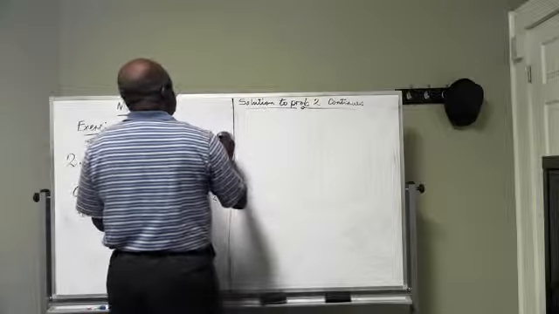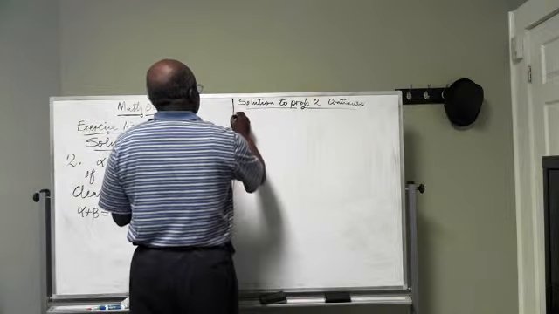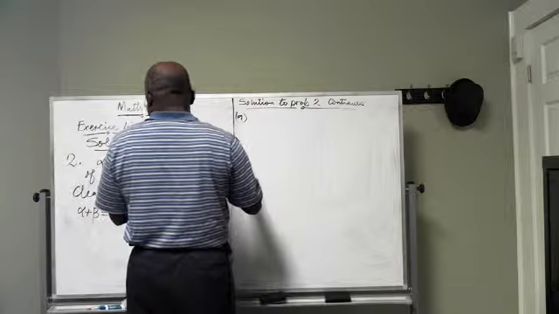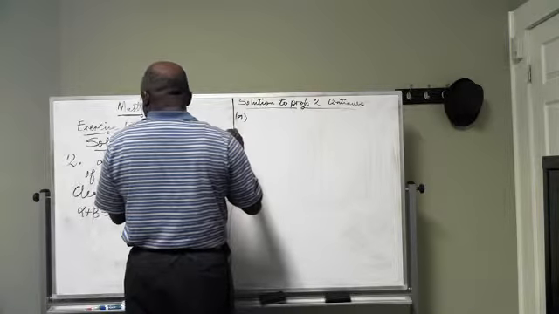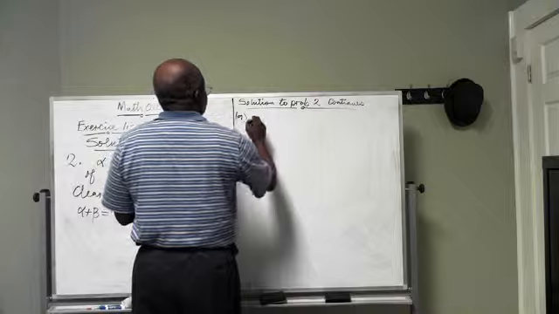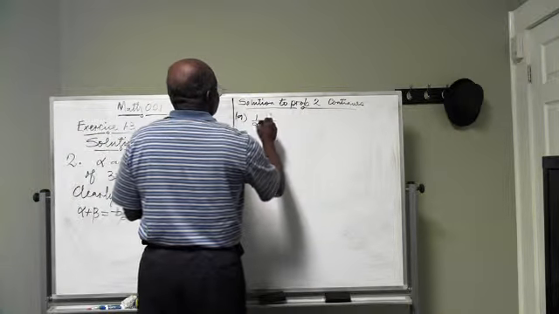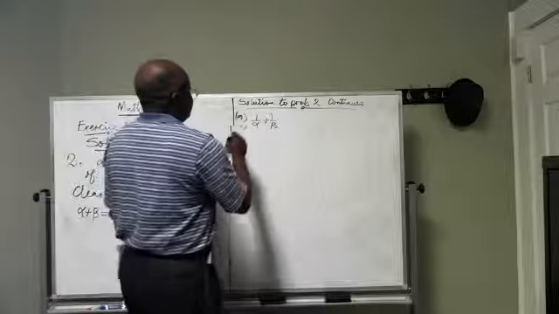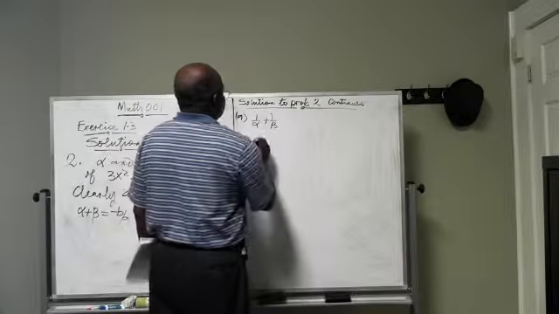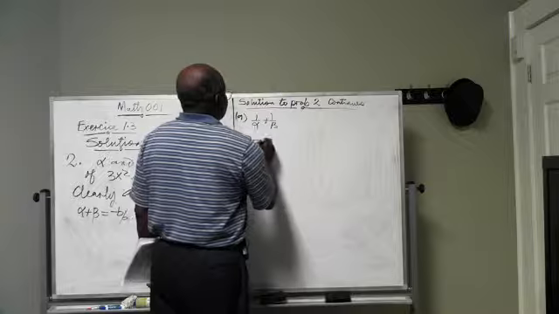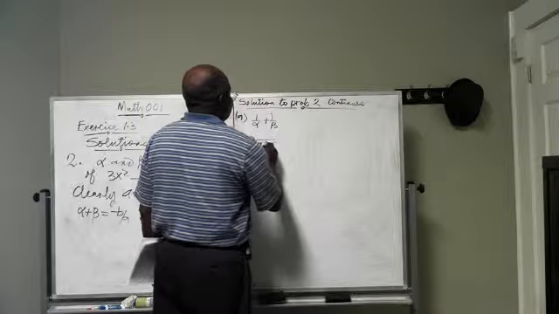Now problem 2a states, find without solving the equation 1 over alpha plus 1 over beta. We see here that this is a fraction, and this fraction has as an LCM alpha beta.